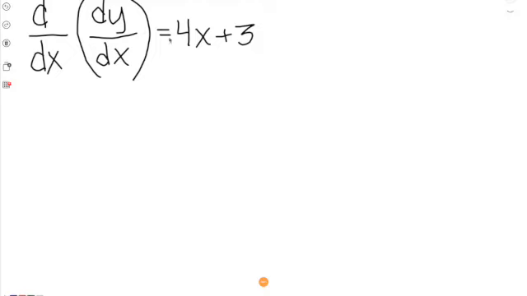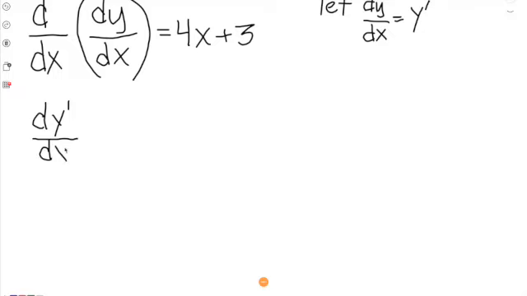So for here, let dy over dx be written as y prime. Okay, so we will write it as the derivative of y prime with respect to x equals 4x plus 3.